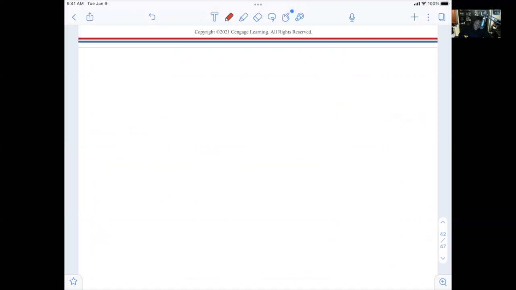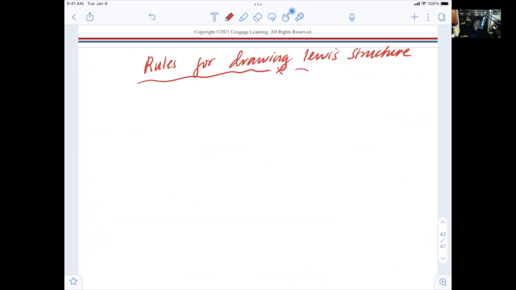So for that one, rules for drawing Lewis structure. I think I should just show you this rule because I feel like it makes it so much easier than the other rule.